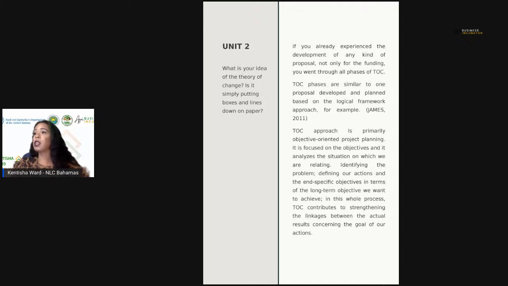It is focused on the objectives and analyzes the situation we are relating to, identifying the problem, defining our actions, and the specific objectives in terms of the long-term objective we want to achieve in this entire process. The theory of change also contributes to strengthening the linkages between the actual results and the goals of our actions.